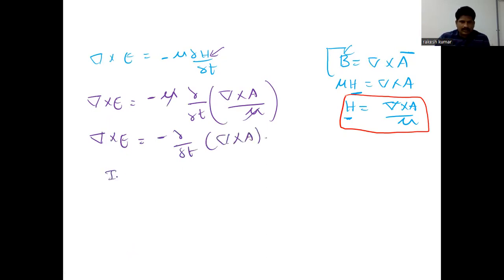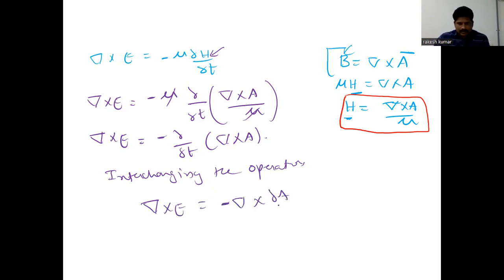I am interchanging the operators. We get del cross E is equal to minus del cross dou A by dou t. Bringing this to one side, del cross E plus del cross dou A by dou t is equal to 0.